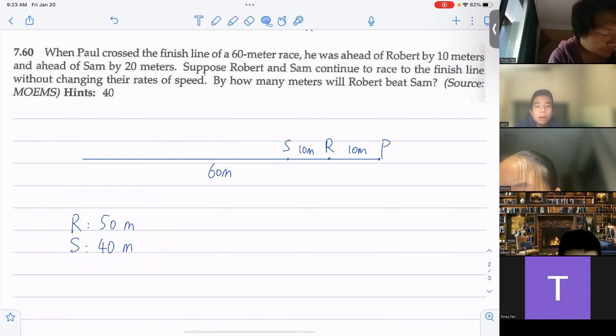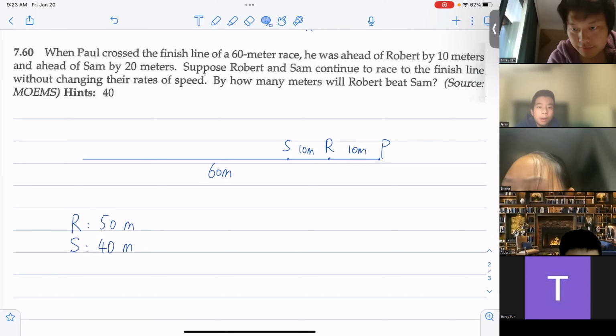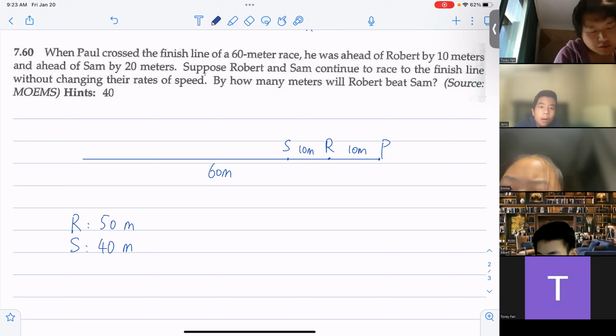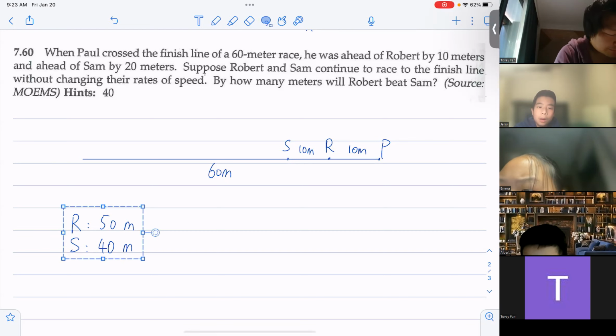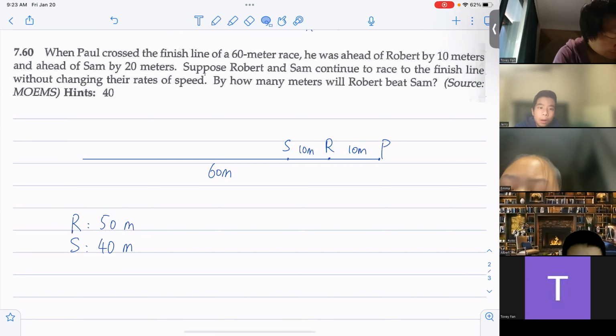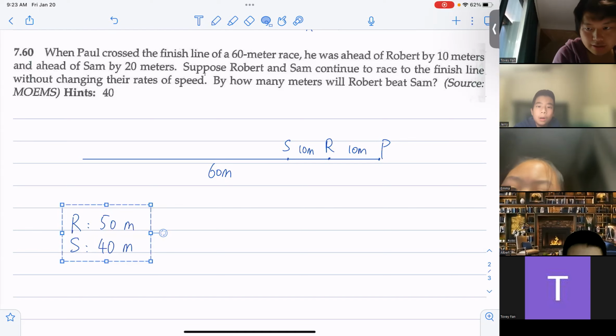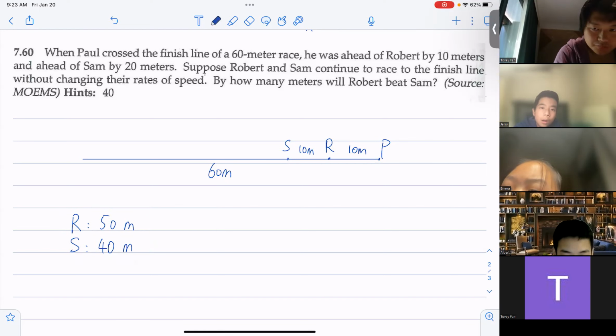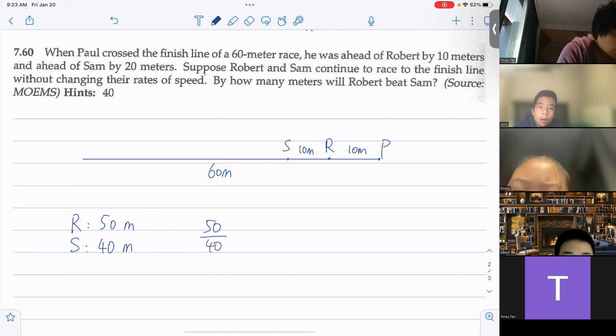And Robert and Sam finished 50 and 40 meters respectively in the same amount of time, right? So now we can compare their work rate, doesn't matter. Because they finished these many meters in the same amount of time, we can just figure out the ratio between them. It's 50 to 40, or in other words, 5 to 4.